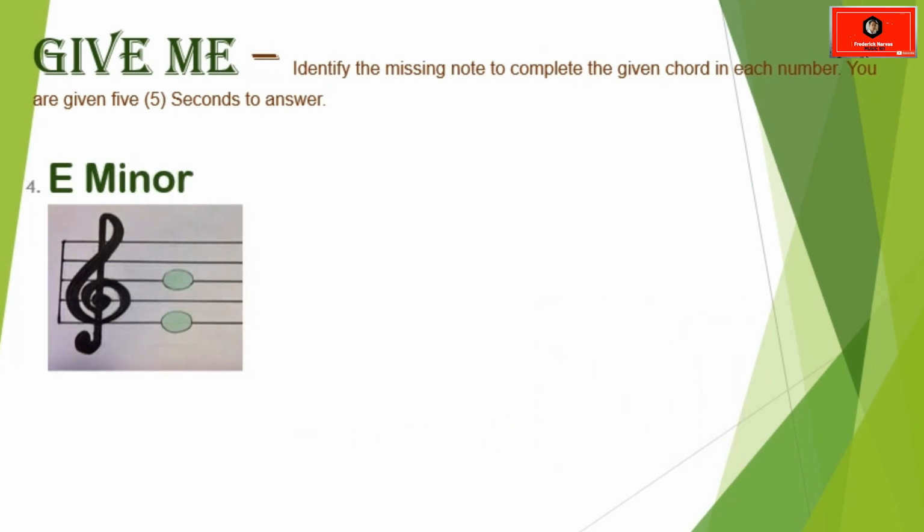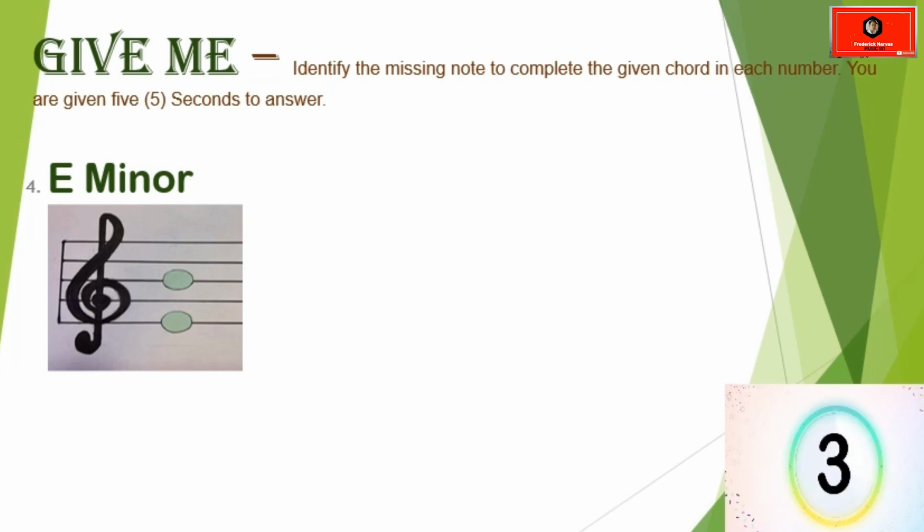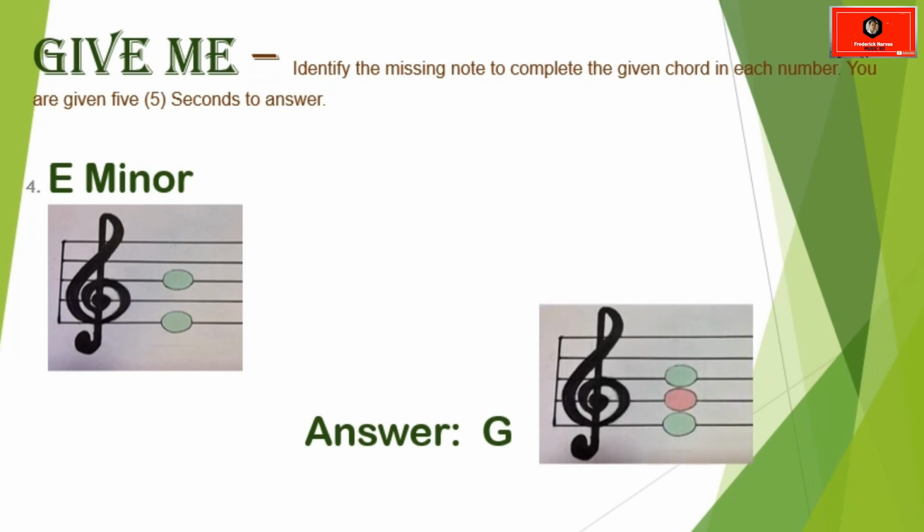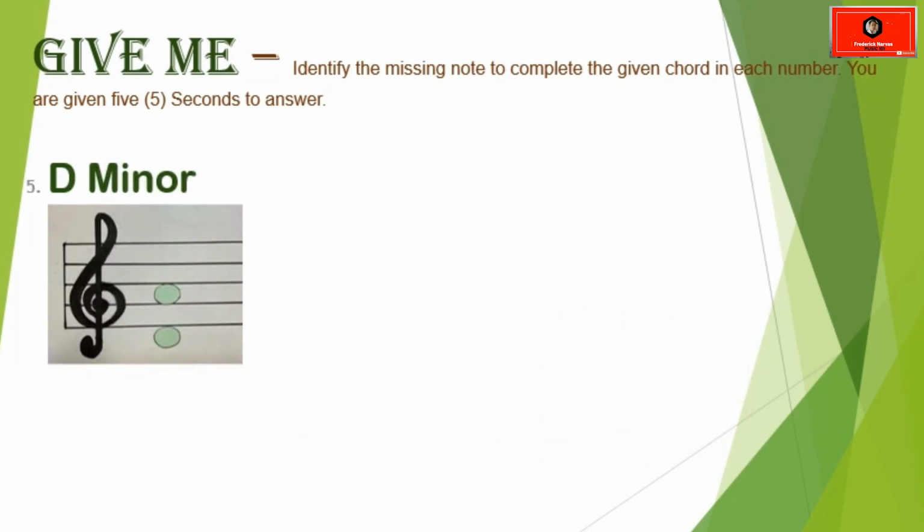Let's continue with chord number 4, E minor. You answer it right. We have note G. Finally, let's have chord number 5, D minor.